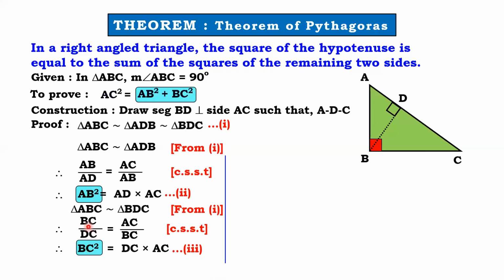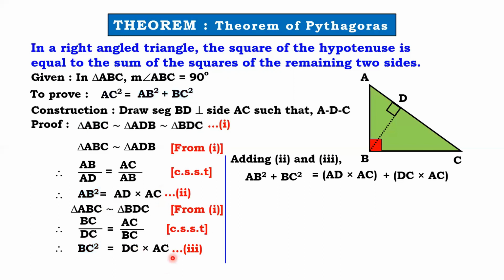So adding equations 2 and 3, AB square plus BC square is equal to, on the right hand side, AD into AC plus DC into AC. You understand why we are adding these two equations: to get the right hand side of the proof. So now AB square plus BC square is equal to AC into AC.